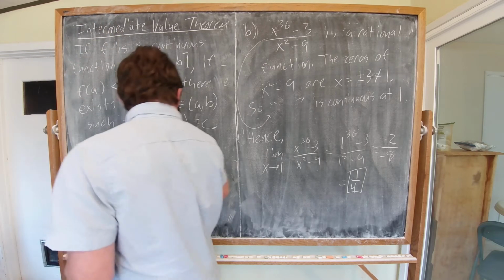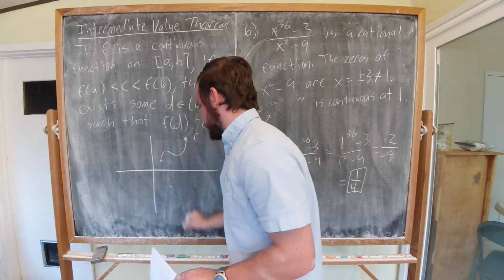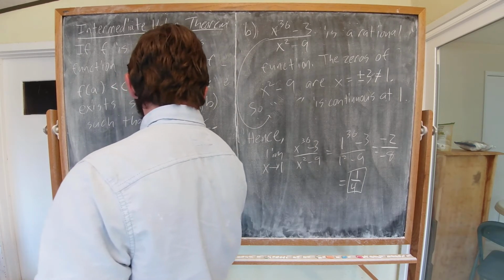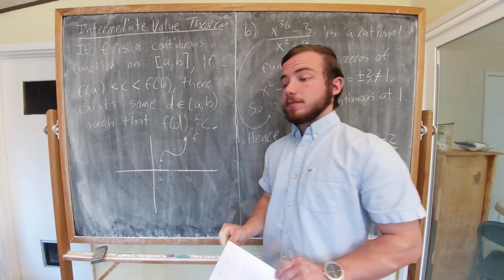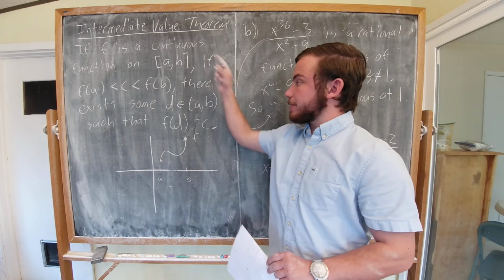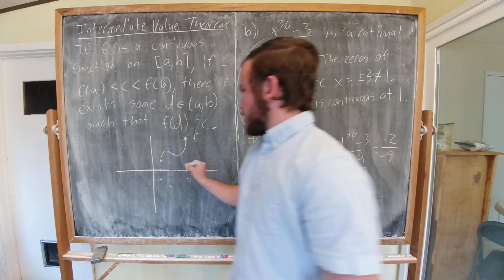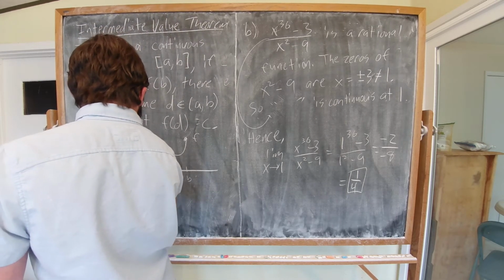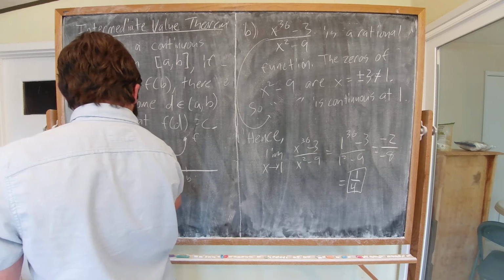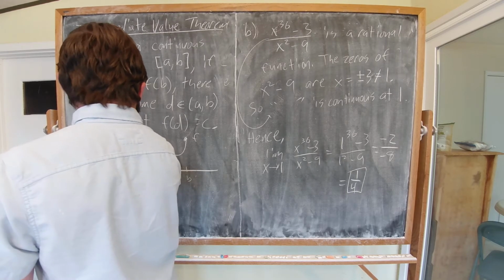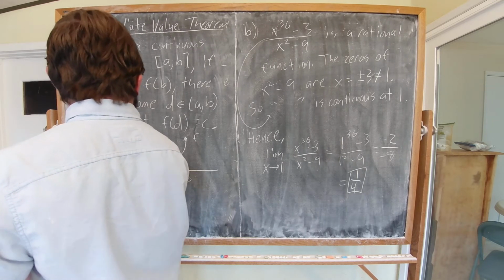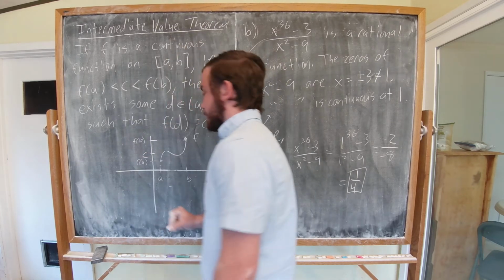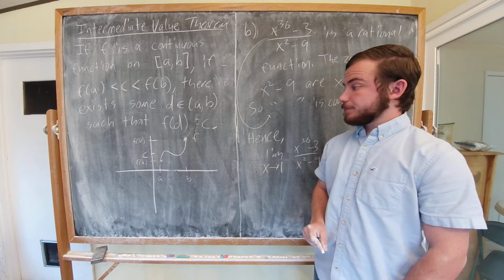So we have our function f, and it's clearly continuous on this interval, a to b. Great, we satisfy the theorem. What do we get? I'm going to pick a point c that's between f of a and f of b. Because there's a gap between f of a and f of b, I can pick a number between them.